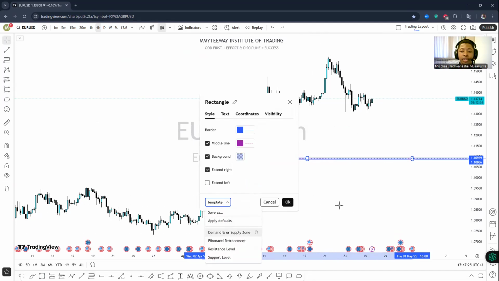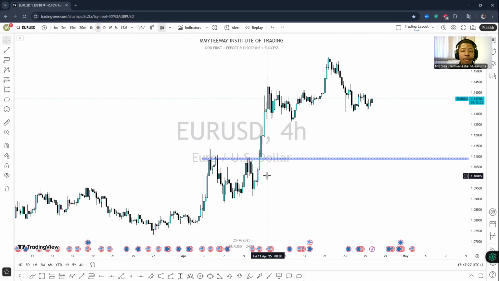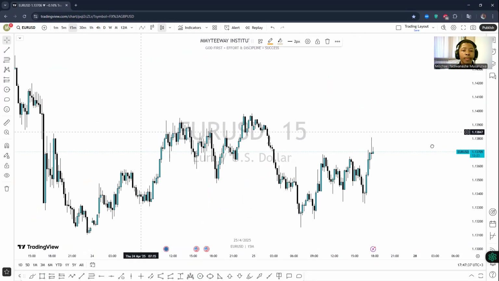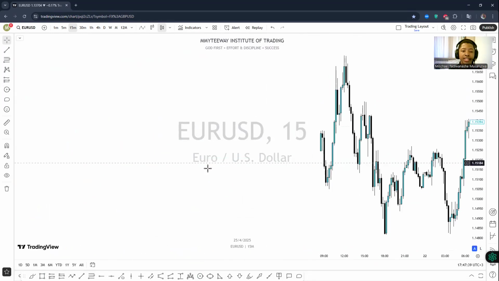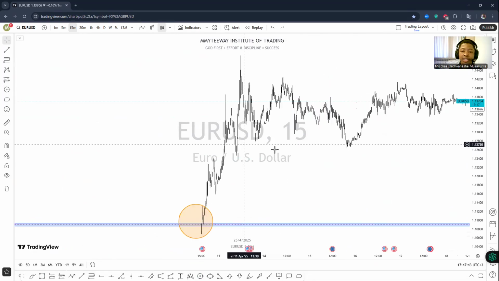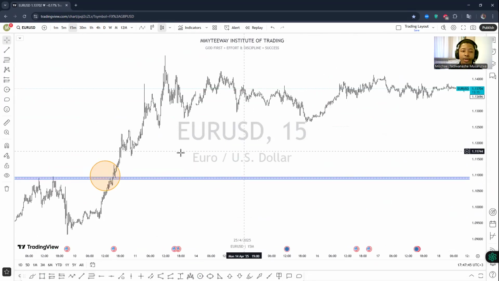We go to the 15 minutes time frame. Let me just look at this point only in the 15 minutes time frame. Although if I was trading Euro USD, I would execute it in 5 minutes. Why?